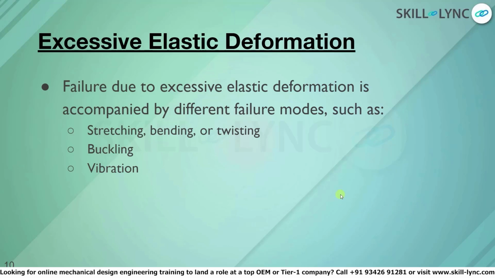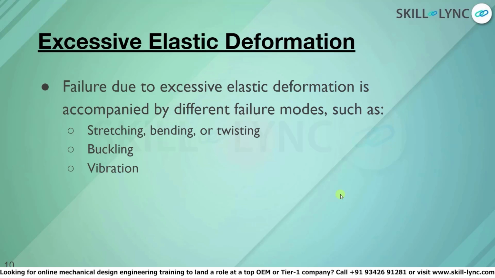Another mode is buckling. Buckling is a very common but very important phenomenon when it comes to beams or columns. Even though the material is not failing under the loading system, if there is an actual load, there is a tendency that it might buckle. As engineers, we have to make sure that the loading does not result in the buckling of the column.